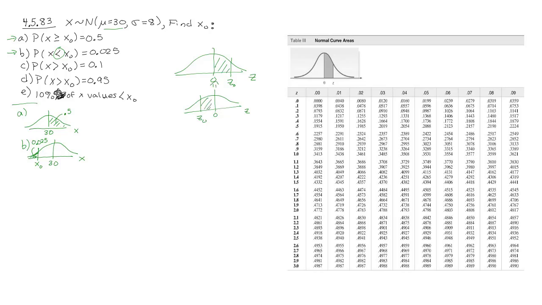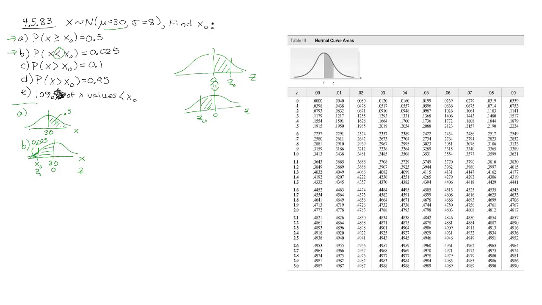These are the same values. So in other words, we're given the area of the tail here, but what we really want is the area between 30 and our x naught value. Those will correspond with z-scores between 0 and some z value that we don't know.